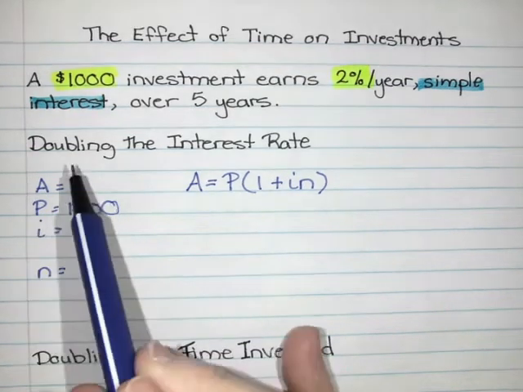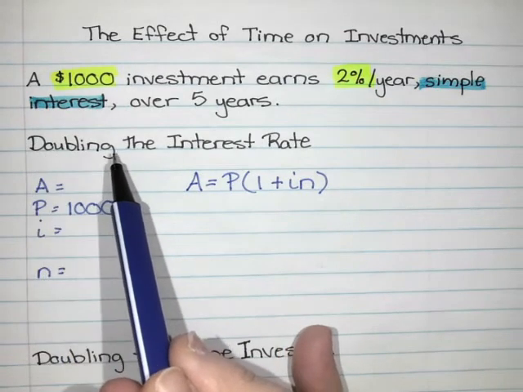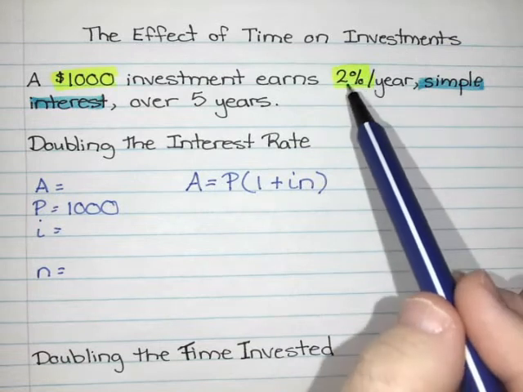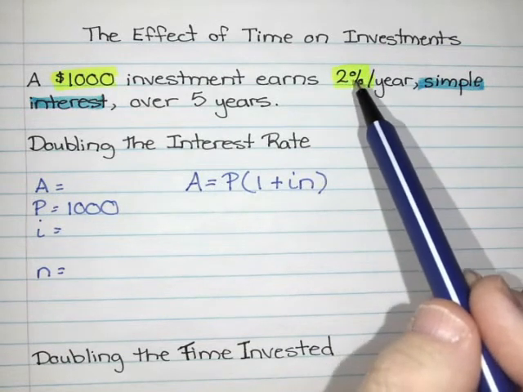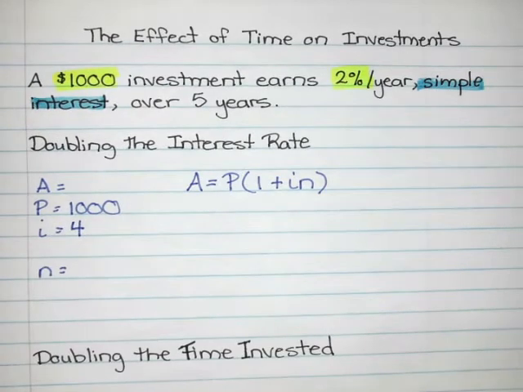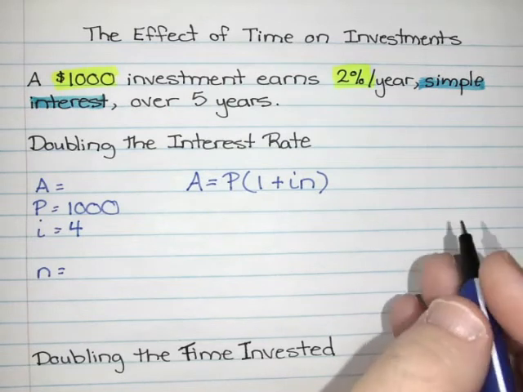But remember, we're trying to see what happens if I double that interest rate. So double means we're going to multiply by 2. So instead of using 2%, I'm going to multiply that by 2. 2 times 2 is 4%. Now our I value is not just the interest rate. It's the interest rate that's been divided by 100.